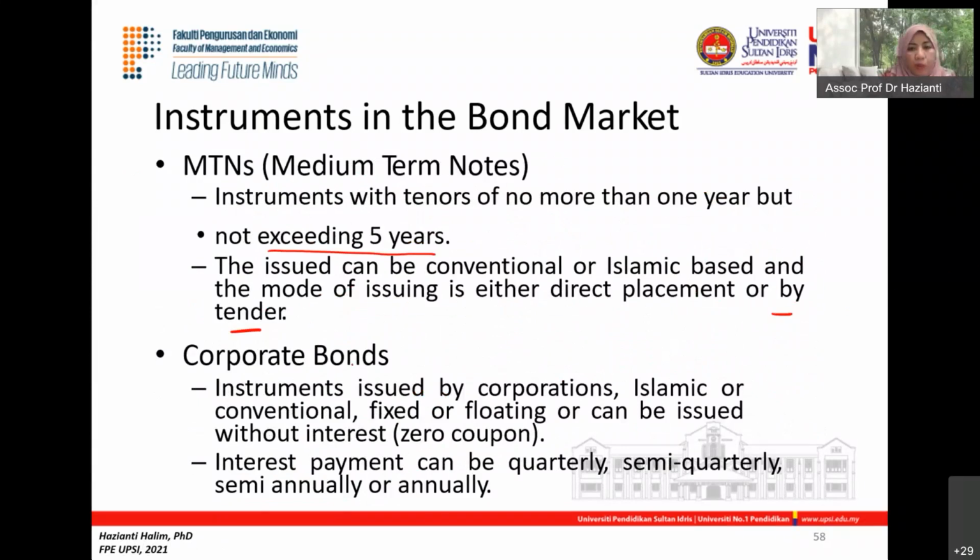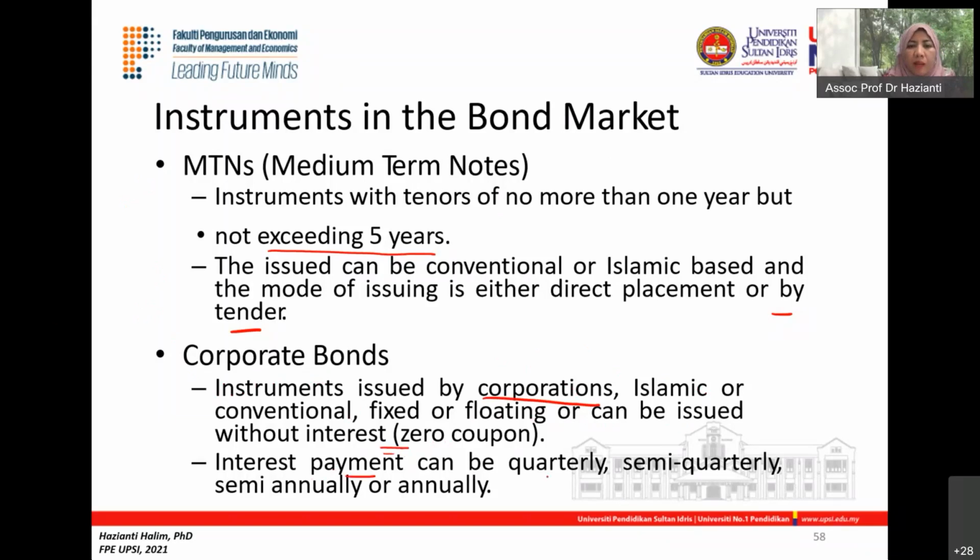And the last one is corporate bonds. Everything we discussed before is issued by the government, by Bank Negara, by Cagamas. We also have corporate bonds. These are bonds issued by corporations, not the government, but the corporations. Islamic or conventional, fixed or floating, or can be issued without interest. Okay, without interest or zero coupon.